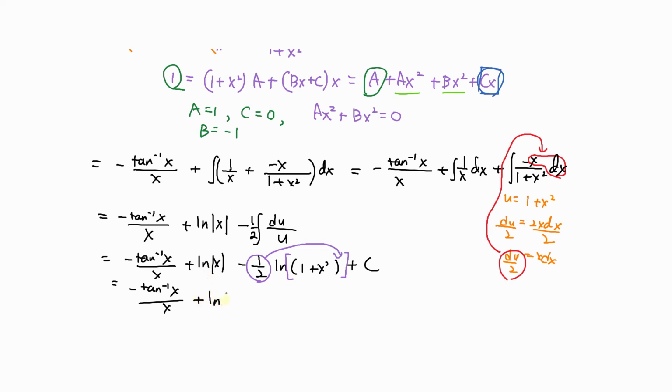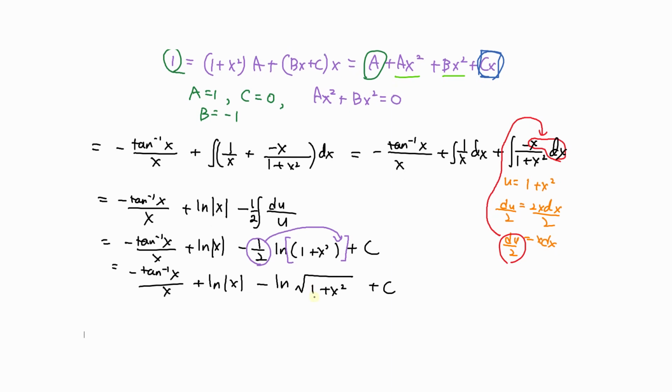But first, let me clean this up. So I have ln, I'm gonna put the radical sign here, 1 plus x squared, and then plus C. You could put the parentheses with the 1/2 exponent, but I like to keep the radical for a power of 1/2.